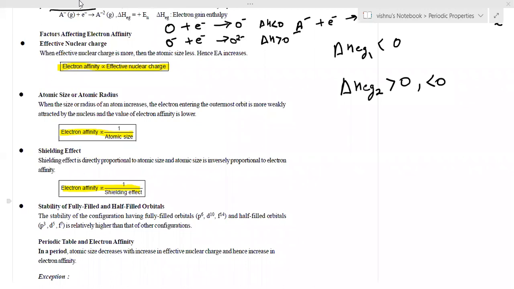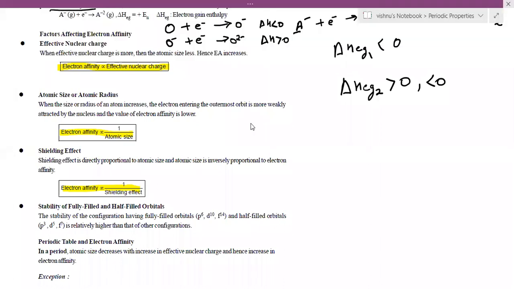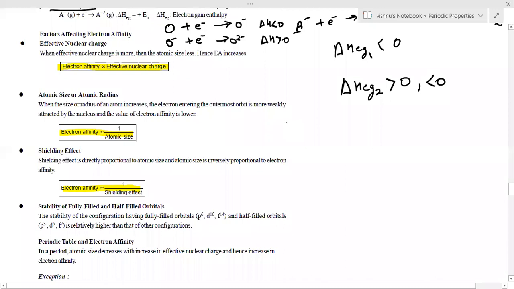Okay. Now, when we talk about individual elements, this is your general trend. Generally, when you go from left to right in a period, size decreases, hence electron affinity increases.